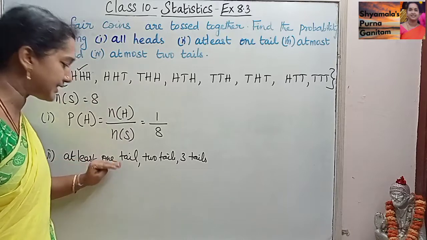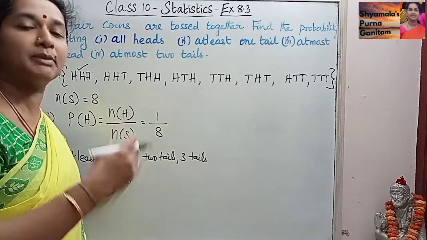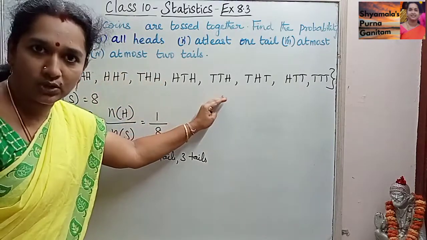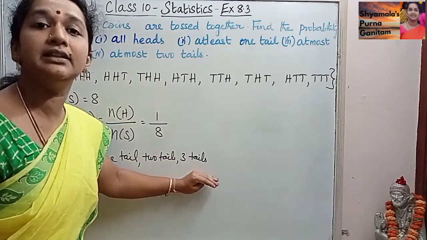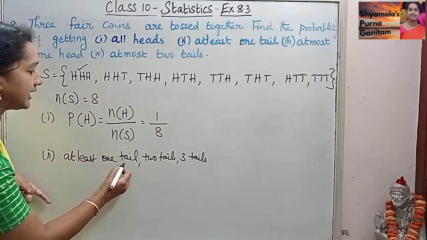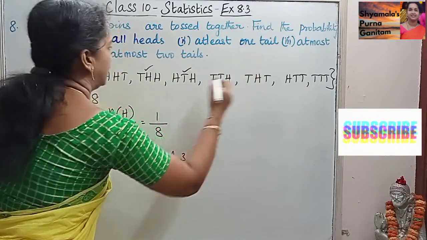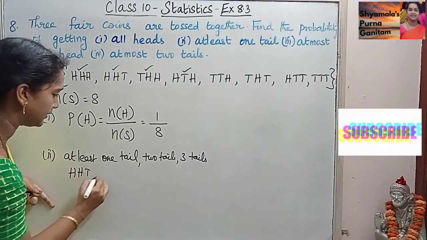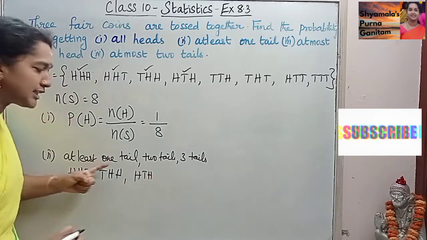It is given at least, so the least should be 1 tail, and maximum can be only 3 tails. So we need to take 1 tail, 2 tails and 3 tails. 1 tail will be these 3 things: head, head, tail, then tail, head, head, and then head, tail, head. So this is 1 tail.